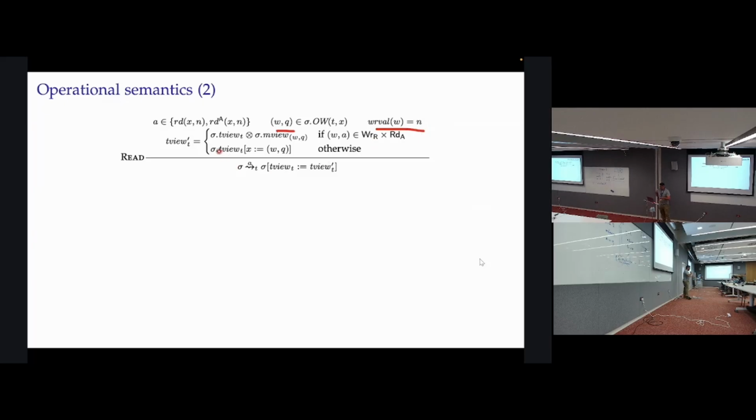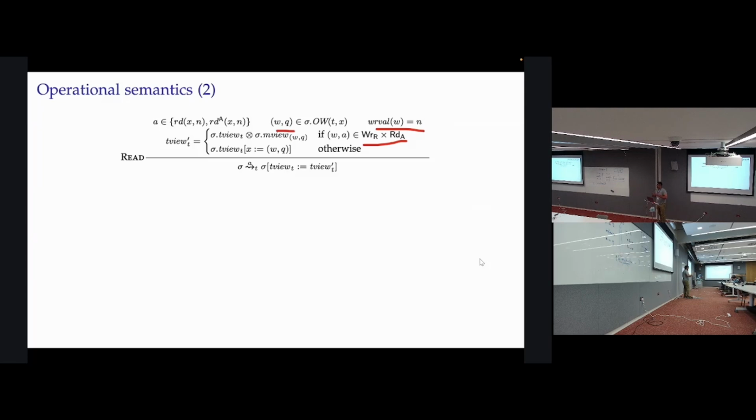And now I need to know how to update my thread view state. If you happen to be in release acquire synchronization, if you are performing an acquiring read, and the thing that you're reading from was a releasing write, then you do this merge of the views.